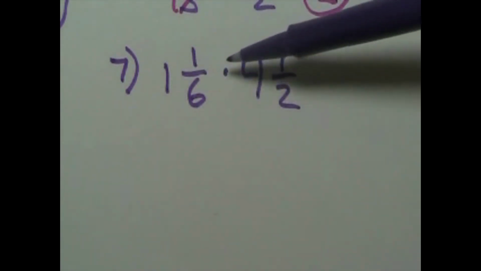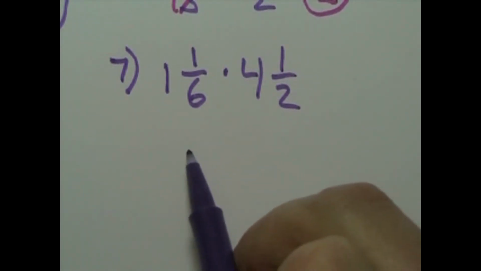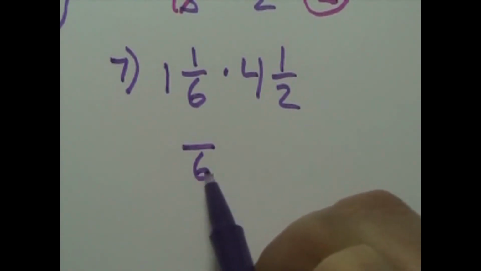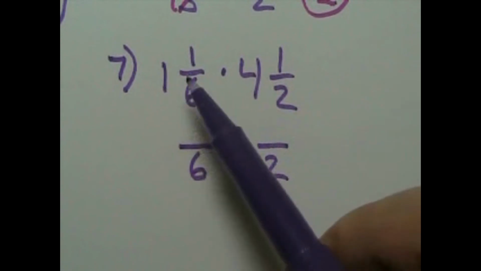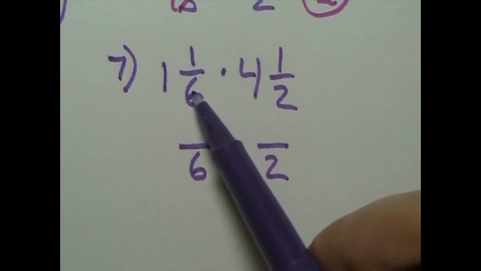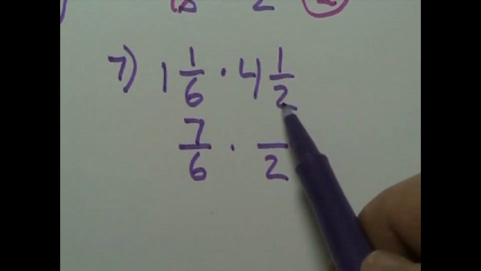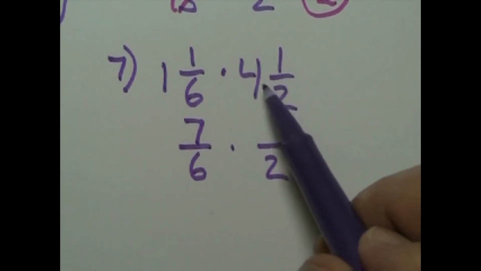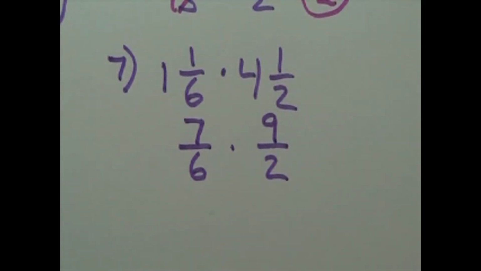So we have 2 mixed numbers, 1 and 1/6 times 4 and 1/2. So we need to change those to improper fractions. The denominator stays the same. So we have 6 times 1 is 6, plus 1 makes 7. Times plus. 2 times 4 is 8, plus 1 is 9. Okay, so now we can start reducing, if there's anything.